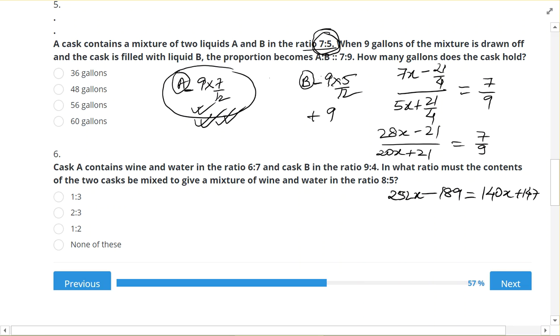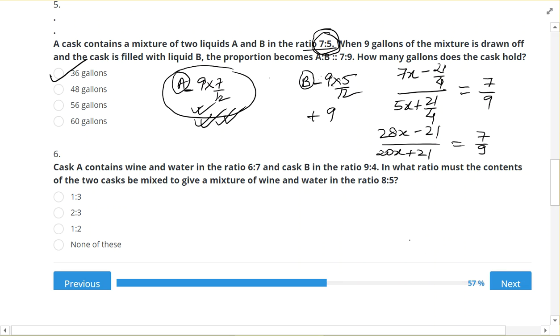So 140 will be subtracted. 112x is equal to 336. x is equal to 3. So 12 threes are 36. 36 gallons will be the answer. Now I am rubbing it off.